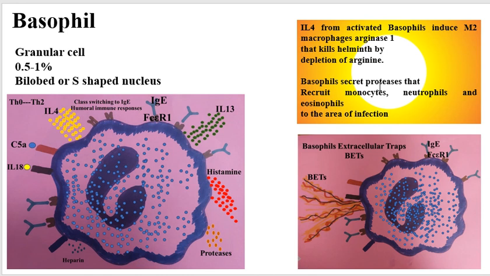Also, proteases from basophils recruit monocytes, neutrophils, and eosinophils to the area of infection during inflammation.